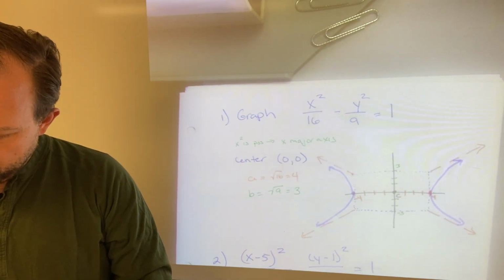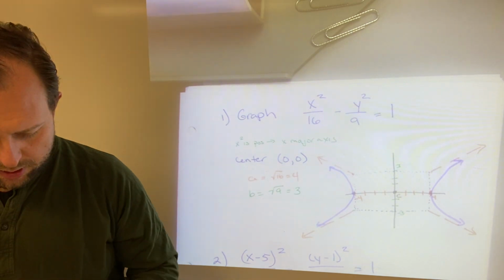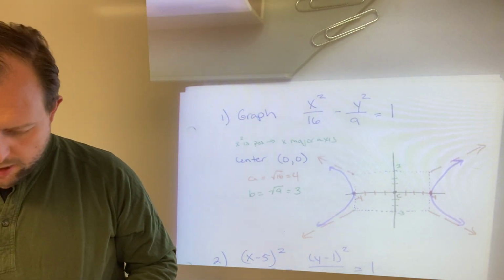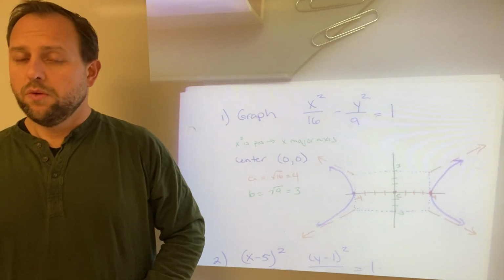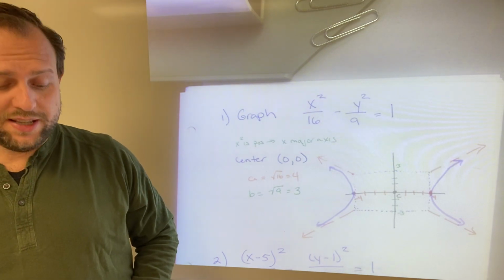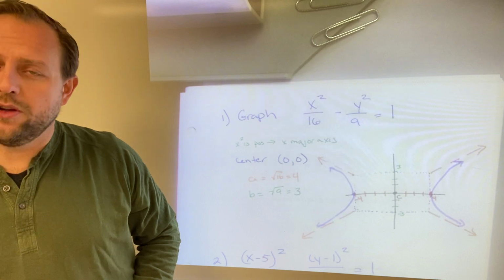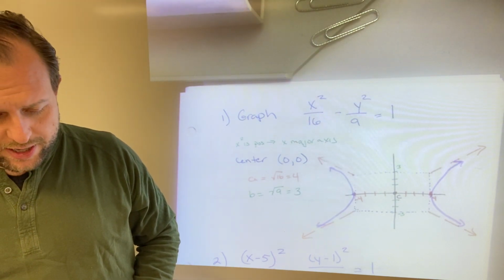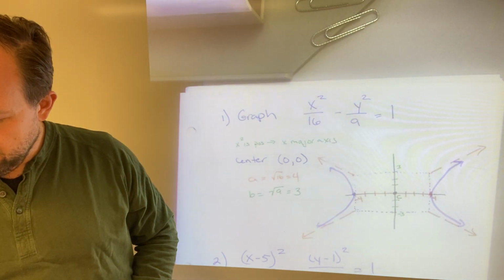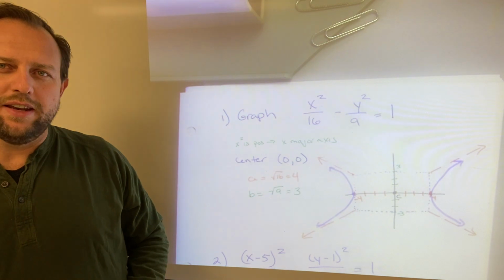A is the square root of 49, which is 7. And B is the square root of 17, which doesn't do us any good because it's not something we easily graph, but we know the square root of 16 is 4, so we know that square root of 17 is going to be just a little more than 4, right?